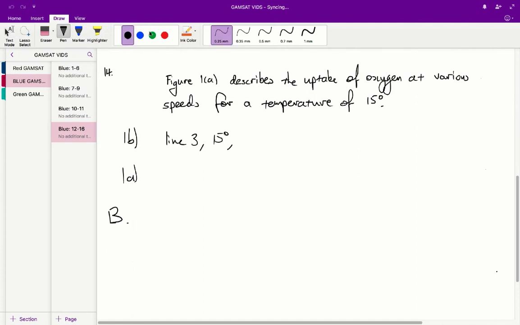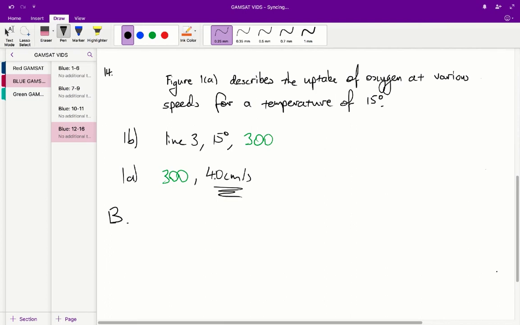So we can take this oxygen uptake value and go across to figure 1a. If we set our figure 1a oxygen uptake value to 300, you'll find that the speed is 40 centimeters a second. And this is the speed of line 3.